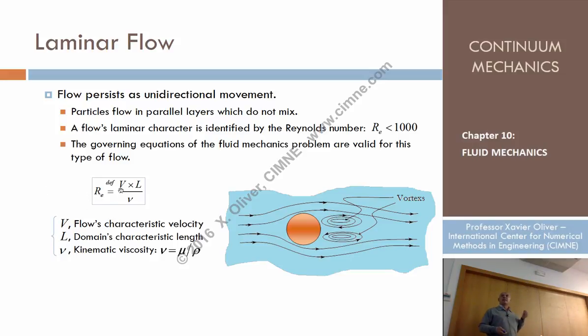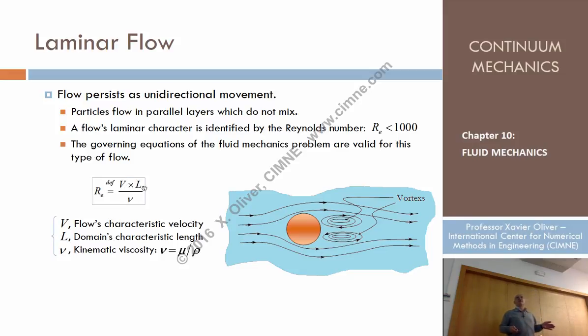The Reynolds number is proportional to the velocity, a representative velocity of all the velocities in the domain that we are studying, and the size of the domain, and inversely proportional to the viscosity of the fluid. In reality, it is the kinematic viscosity, which is mu, the viscosity, divided by rho. That number can be obtained for every problem.